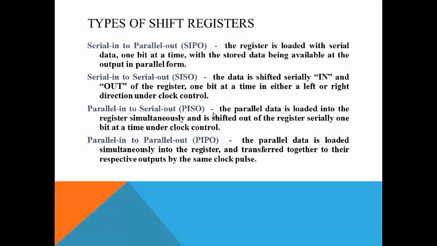Parallel in, parallel out, in one clock cycle you take all the input bits, and in the next clock cycle you give all the bits out. Okay, so these are the types of shift registers, and serial is slow, parallel is fast. So depending on this, your time taken for the data transfer will change depending on the configuration and type of shift register.